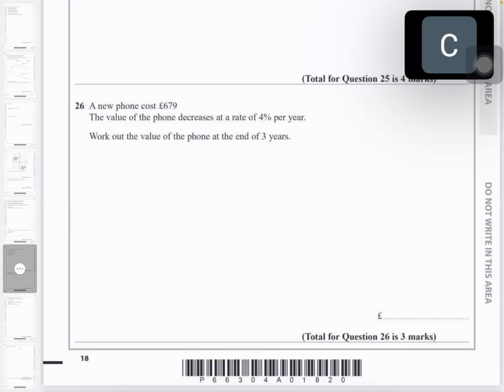So it's 679 times 4%. 4% is 0.04. So that will make it easier for us to calculate. Can you give me the answer for 4% of 679 on your calculator? That's 0.04 times 679. What do you have? 27.16. Okay. Now subtract that from 679. What do you have? 679 minus 27.16.